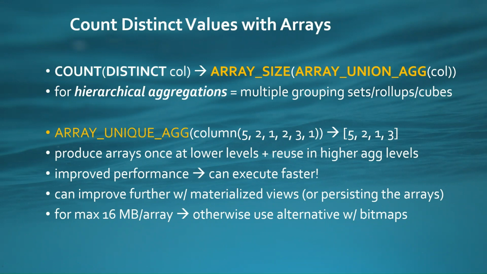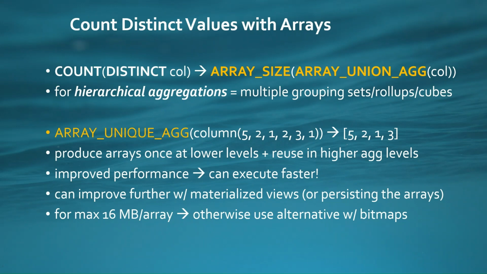I remind you that array unique AGG is a built-in function for arrays. You pass a column name there. You can pass an expression that returns just a set of rows with one single column, basically. And what I suggested here is that you pass a column that returns rows with these specific values.